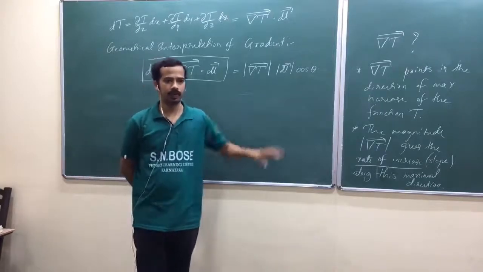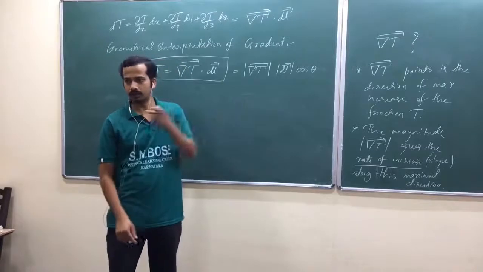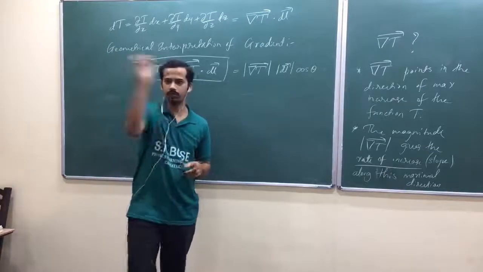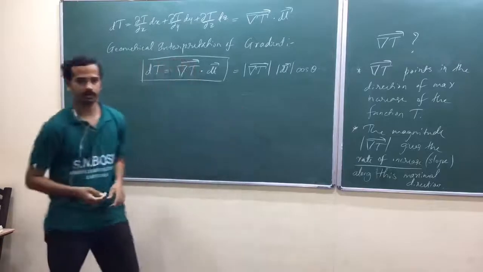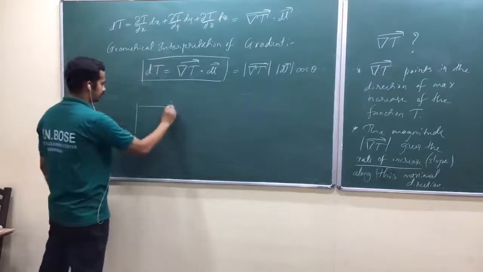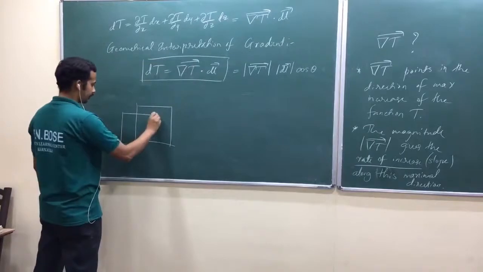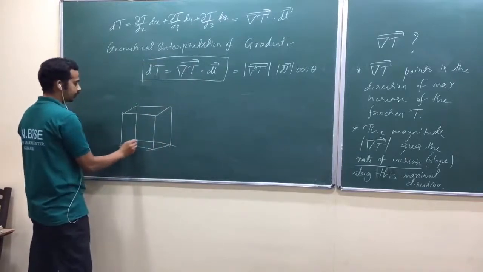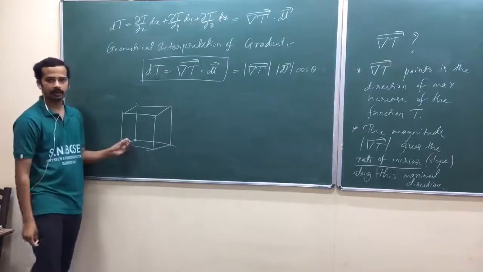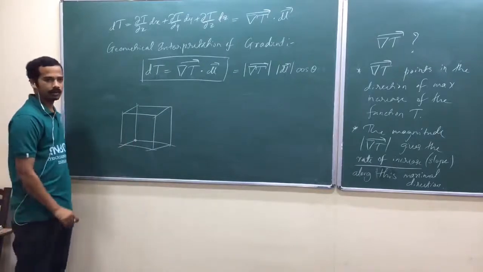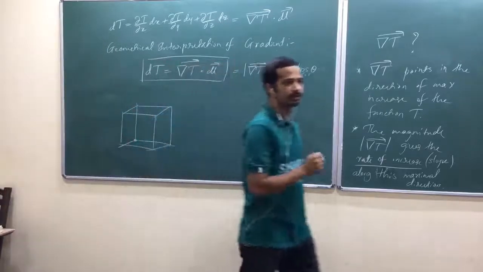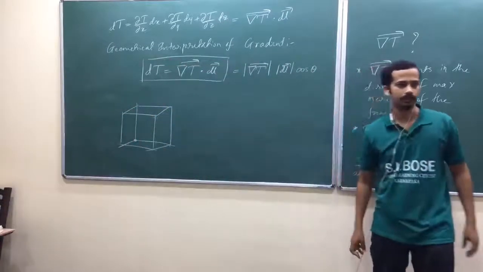Suppose you have a fire at one corner of the room, and the room is a cubicle. Let me take that idea. I have a fire here at this corner, and you are moving away from it. In which direction is the change in temperature maximum?